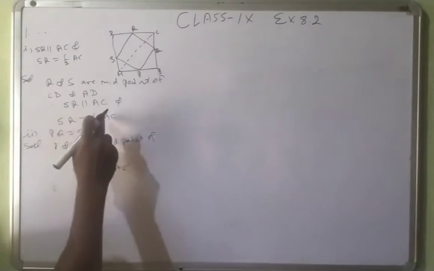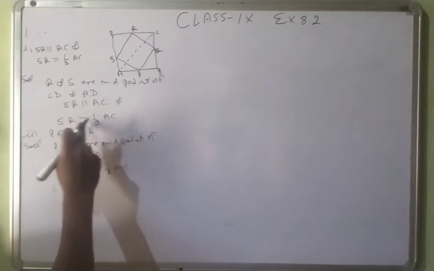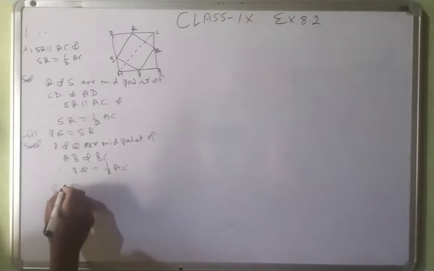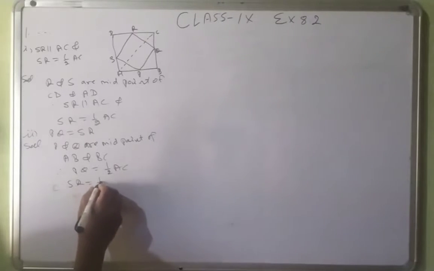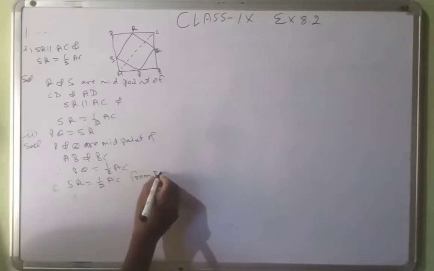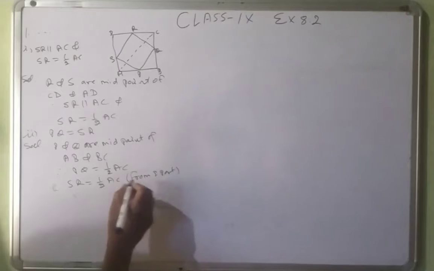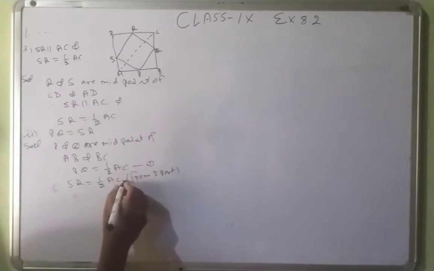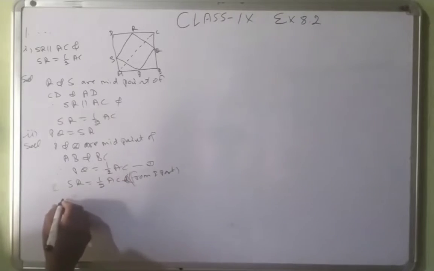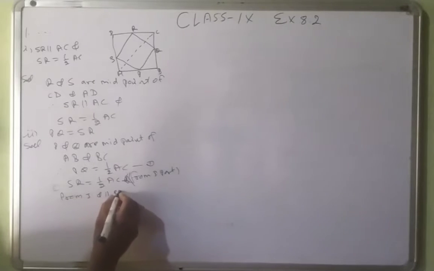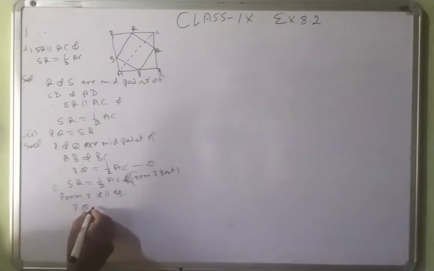So we have already proved that half of AC is equal to SR, and half of AC is equal to PQ. SR is equal to half of AC from the first part, and this is the second equation. So from the first and second equations, PQ is equal to SR.